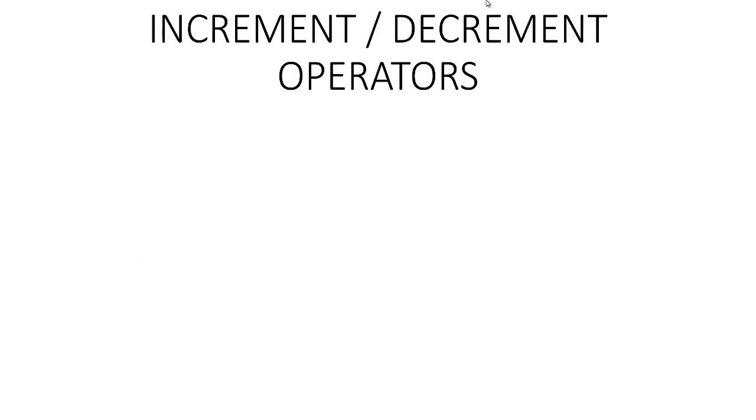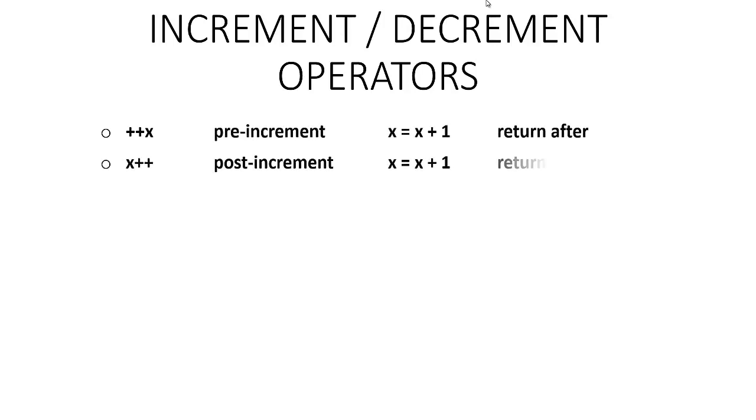Now the incremental operators. These are used when you want to add a value to a variable. For instance, every time a user visits a page, we add one view to our database or a variable. So every time a user visits the page, we append one value to our variable or database.